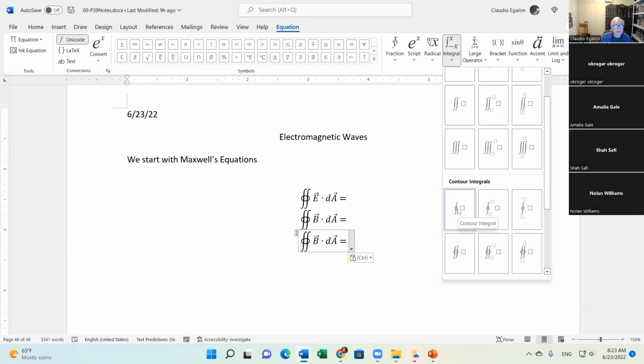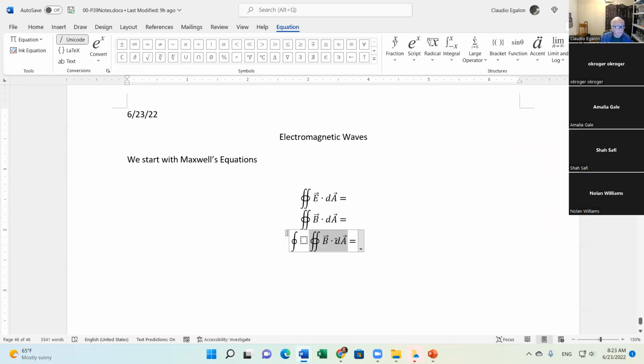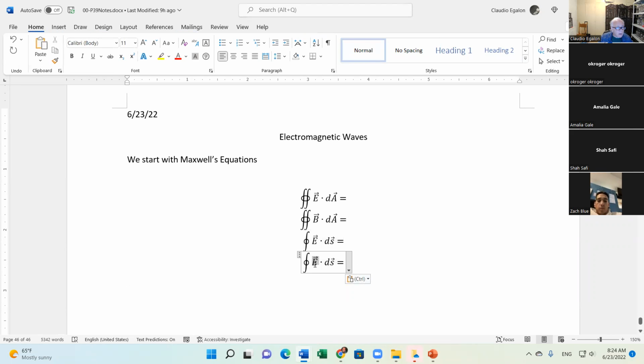Both for electric and magnetic fields, but because it's a path integral it is no longer dot dA, it's going to be dot ds. And we have another path integral, B dot ds.